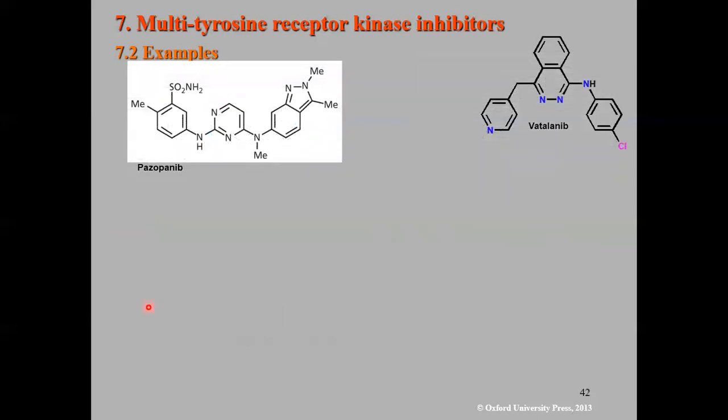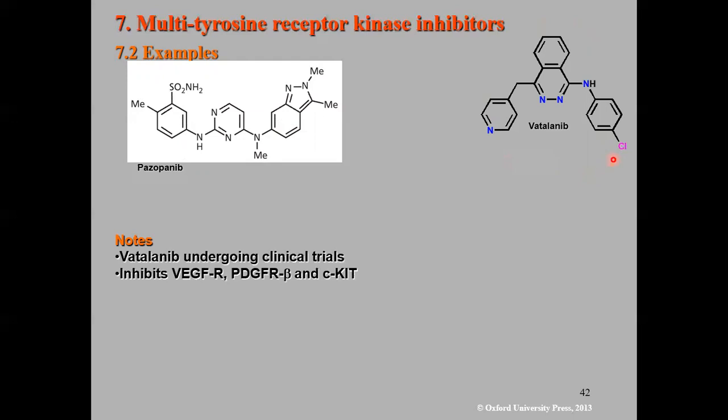All right, other examples like the pazopanib with its structure here, and the vatalanib. All right. Vatalanib is still undergoing clinical trials nowadays. It inhibits VEGFR, PDGFR beta, and c-KIT.